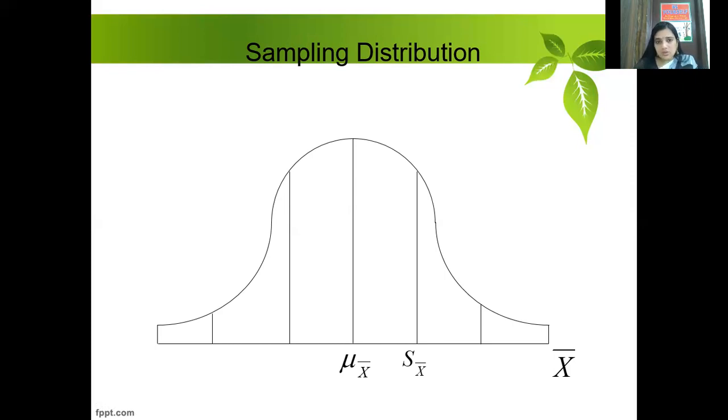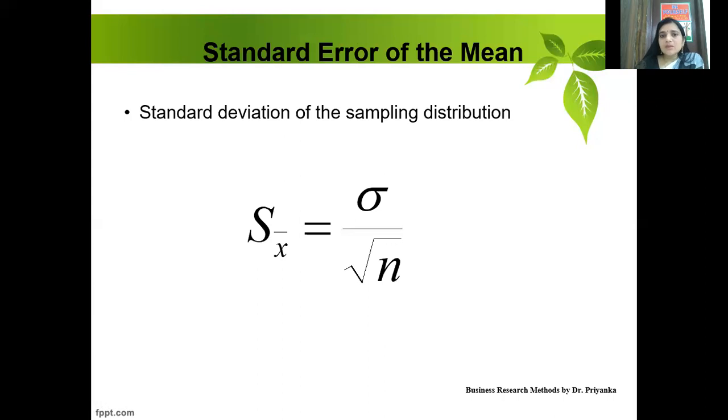We will calculate all these things at the end. Then the standard deviation of the mean. How would you calculate the standard error of the mean? By calculating the standard deviation first. Standard deviation on X bar is basically your standard deviation for the sampling distribution, right?